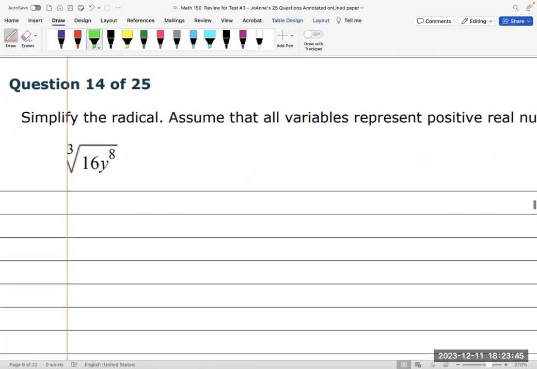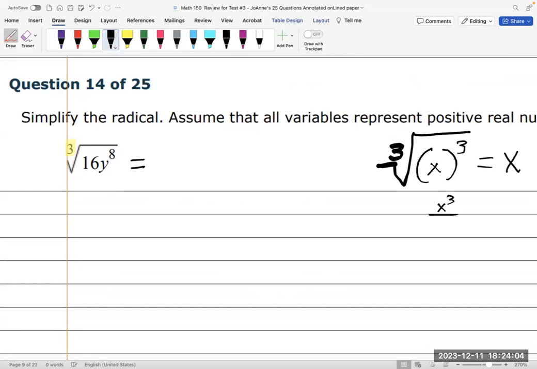Number 14, simplify the radical. Notice that this is a 3rd root. And I know that the 3rd root of anything to the 3rd power will be that number. 1 to the 3rd power would be 1, 2 to the 3rd power, 2 times 2 times 2 is 8, 3 to the 3rd power, 9 times 3 is 27, 4 to the 3rd power, 16 times 4 is 64.